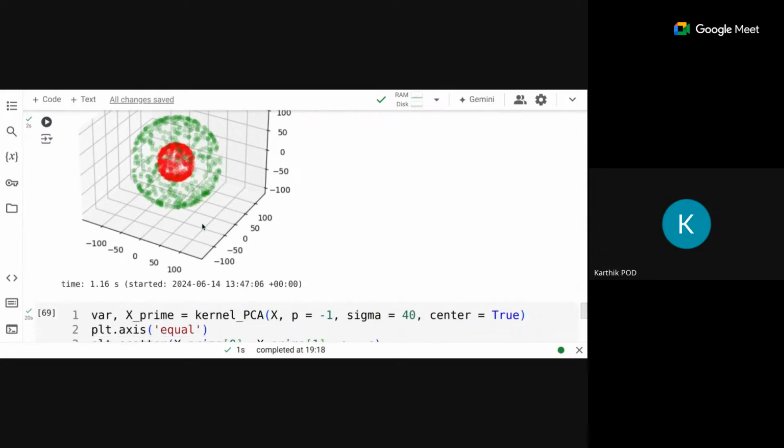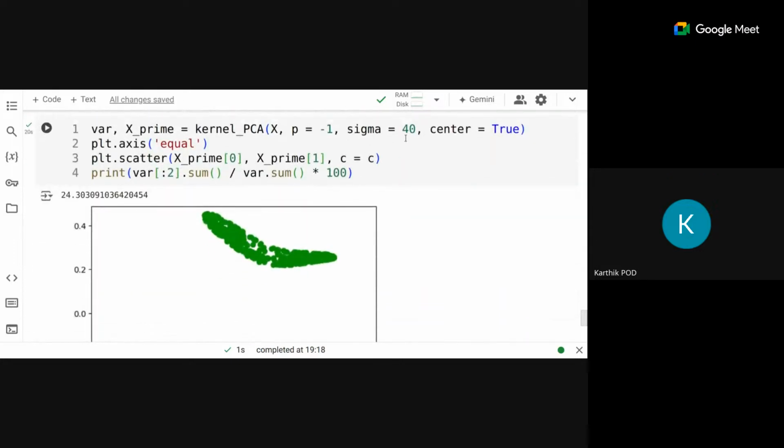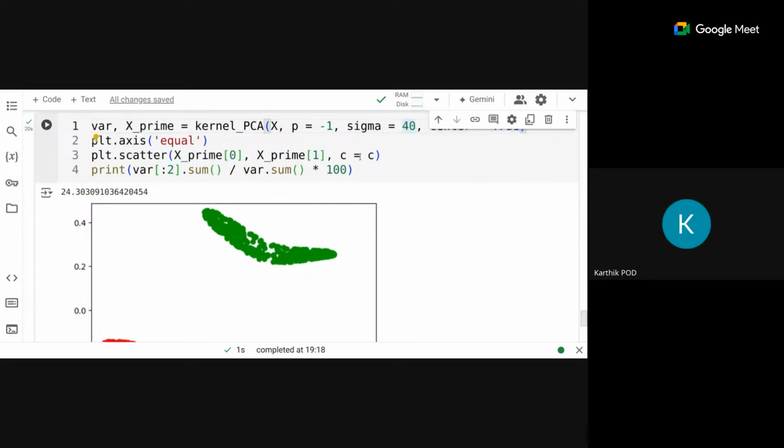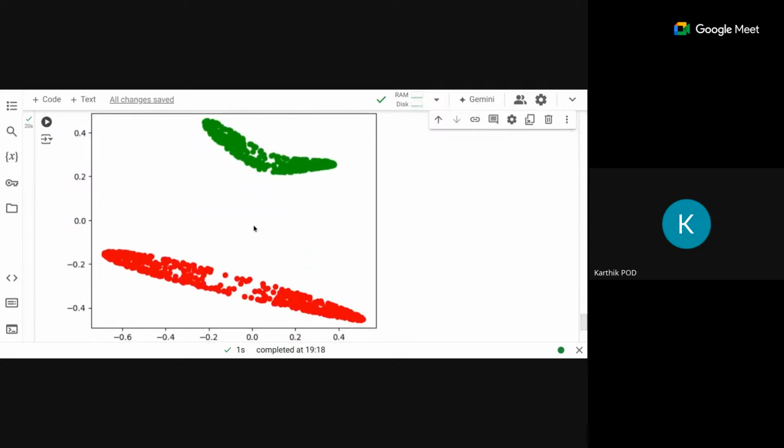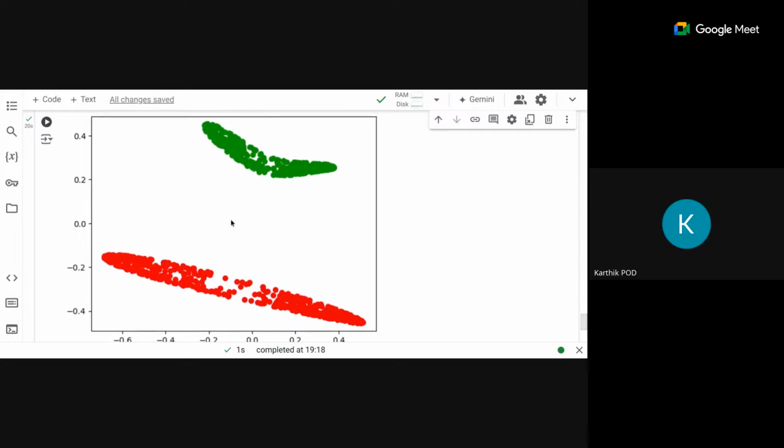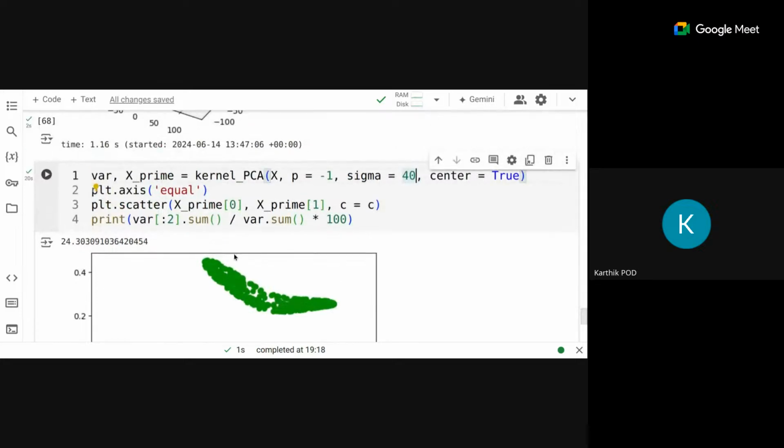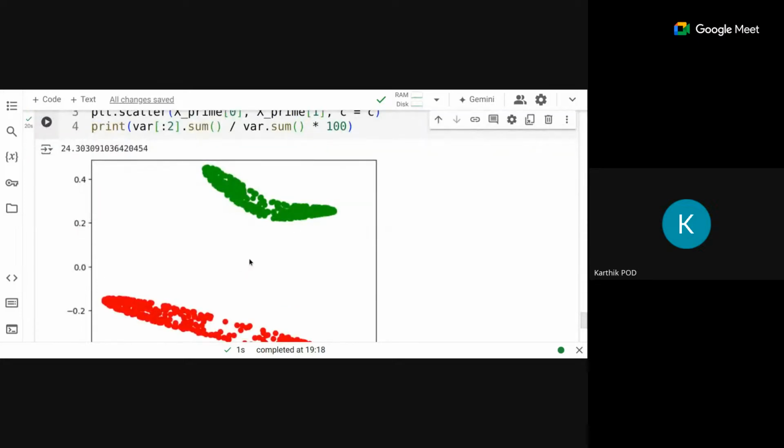Now once again you run kernel PCA, but this time instead of a polynomial kernel, you use a Gaussian kernel that we just saw with that parameter sigma as 40, and you end up separating the 2 classes neatly this way. Okay, so this is an example of using Gaussian kernel.